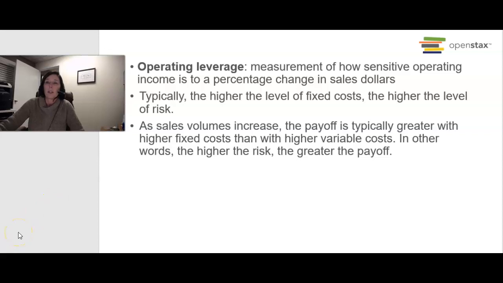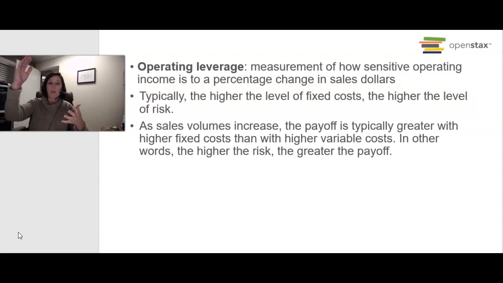We're going to move on now to talk about something called operating leverage. Operating leverage really talks about how sensitive the income is to the change in sales dollars. And what this really comes back to is the composition of your costs between fixed and variable. Because if your fixed costs represent a significant portion of your product cost, well, those are fixed.